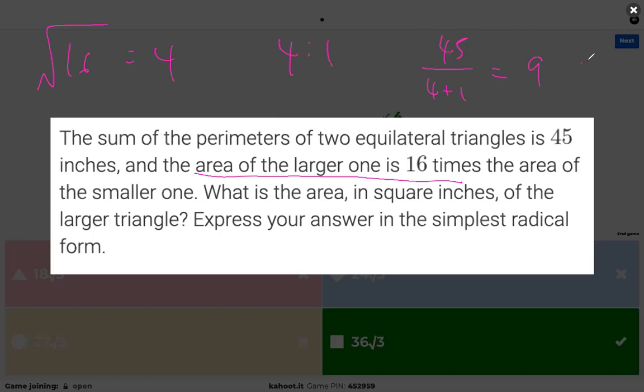So it has a side length of 3. And the larger one would be 36 with a side length of 12. And you can verify that that works. Okay, and then for the area of the larger triangle, use the formula and get 36 root 3.